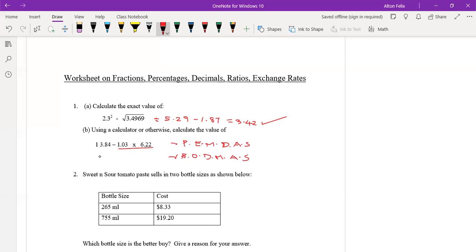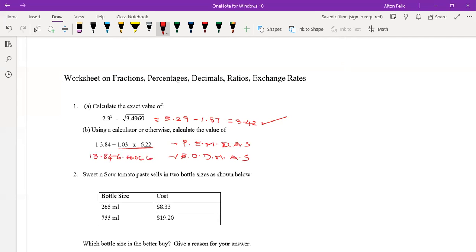So let's multiply these two results. 1.03 by 6.22. Okay, what's our answer? 6.4066. And of course, we need to subtract that from 13.84.